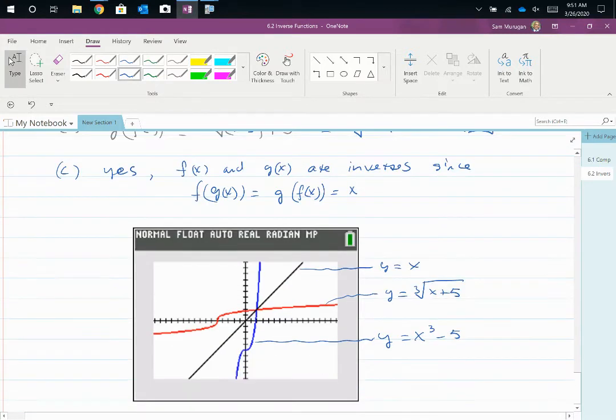And illustratively, I want you to notice points on this. For example, 5 and 0 and 0 and 5 are on the same graph. Negative 5 and 0 and 0 and negative 5 are on the inverse graphs, to illustrate that the range and domain are flipped around.